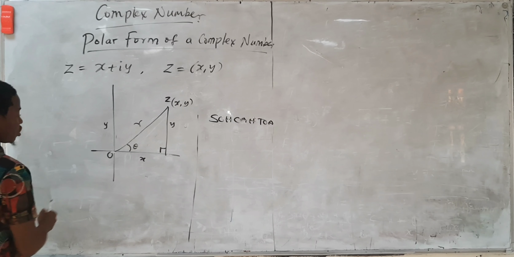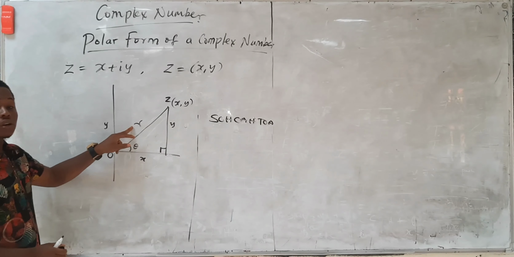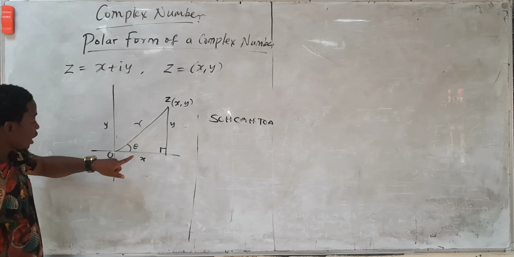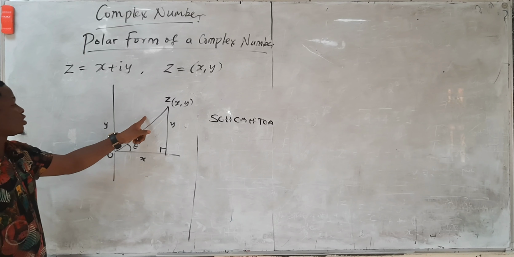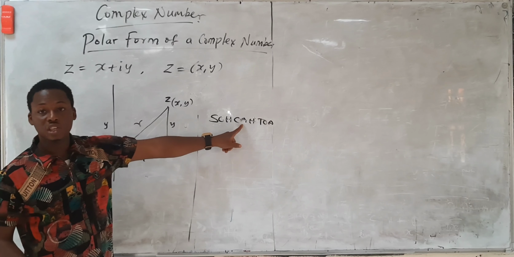Considering this, we need to find the value of x and the value of y. r is known already, which is the modulus of the complex number. So we take note of x and r. This is the adjacent, this is the hypotenuse, so we use the cosine.